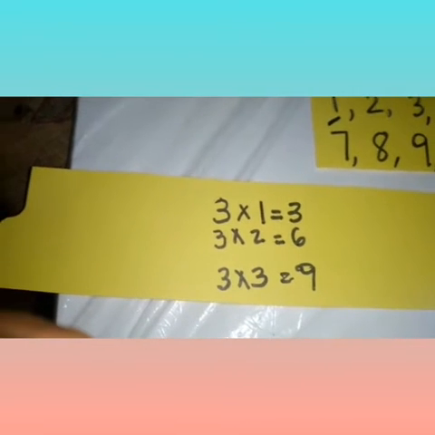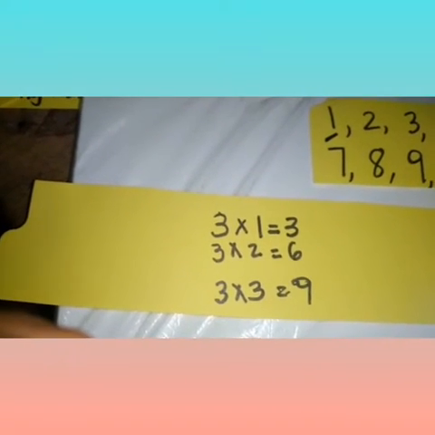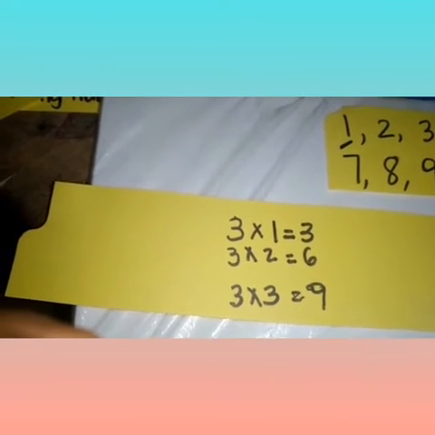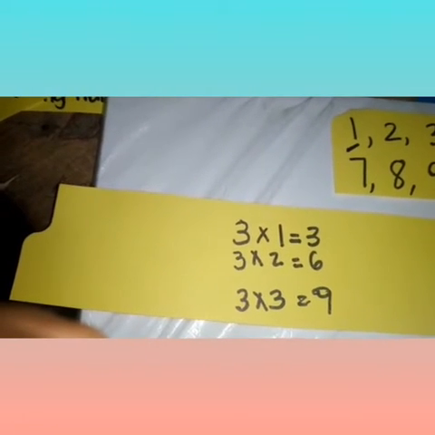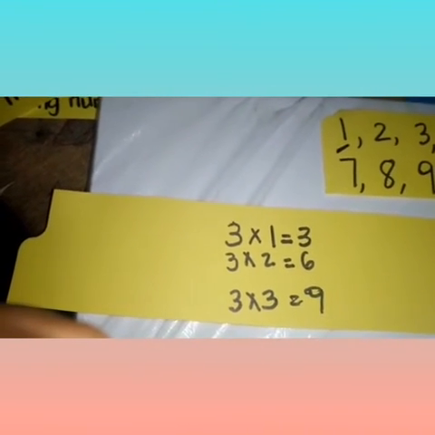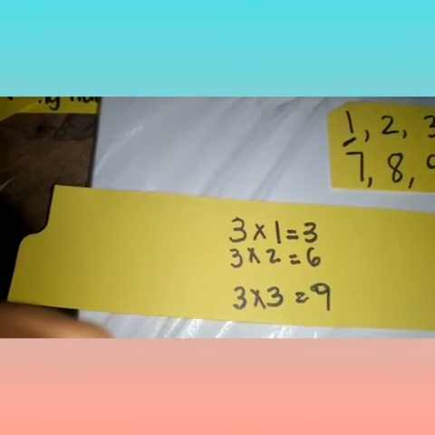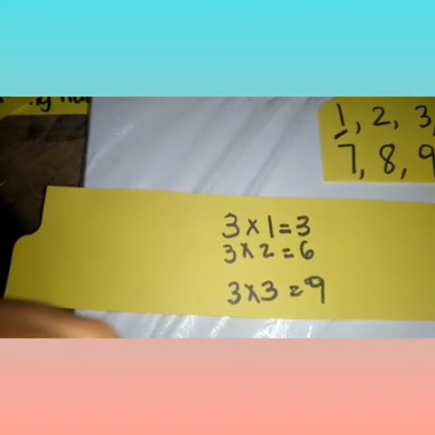Alright, now there is another term called lowest common multiple. In order to find that, you most times will be given 2 numbers to find the multiples for, and then you're going to be asked to find the lowest common multiple. In order for you to find the lowest common multiple, you must know the multiples of the given numbers.